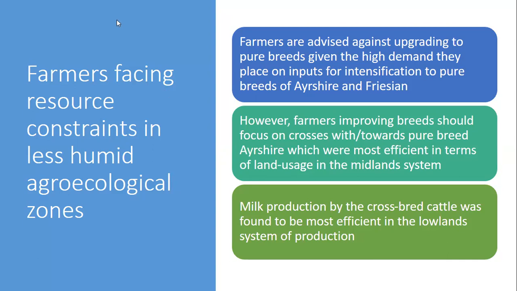Because most farmers, once you introduce dairy to them, feel that dairy production is only efficient when you have a purebred Ayrshire or Frisian. But when the farmers are intent on crossbreeding, the advice is to crossbreed with the Ayrshire, which is most efficient in terms of land usage, especially in the Midland regions of these pre-commercial agroecological zones.